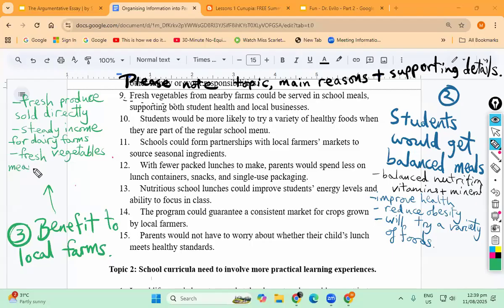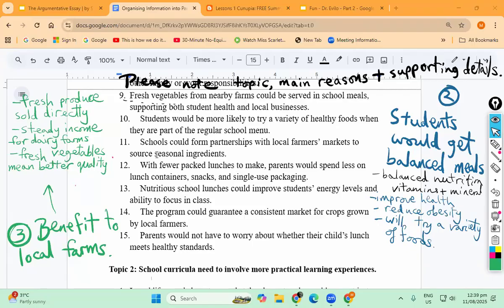Fresh vegetables mean better quality. So you might get fresh lettuce, which you have to get fresh every day or two because it will go bad once you cut it up. You can't really store it. But you might also get fresh pak choy, which could last a little longer. Fresh seasoning, fresh vegetables, right?